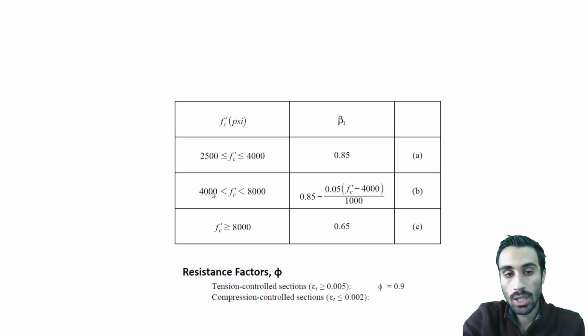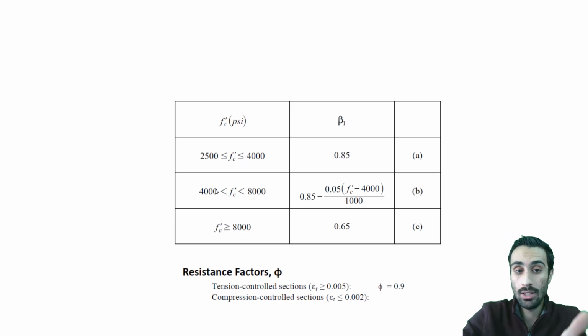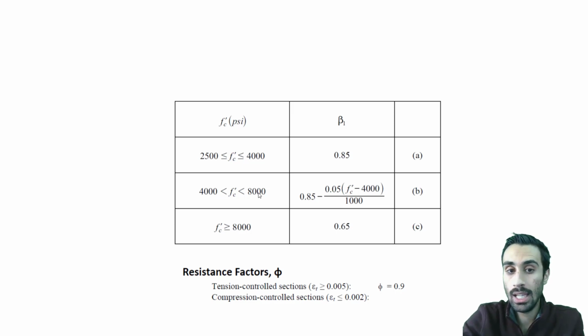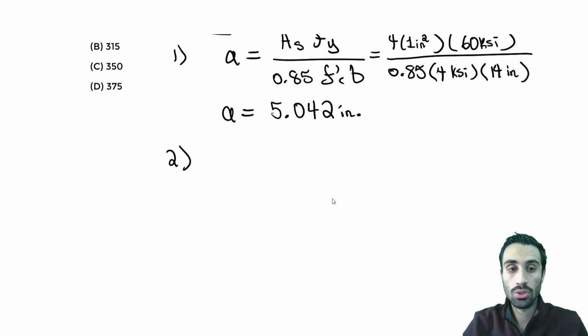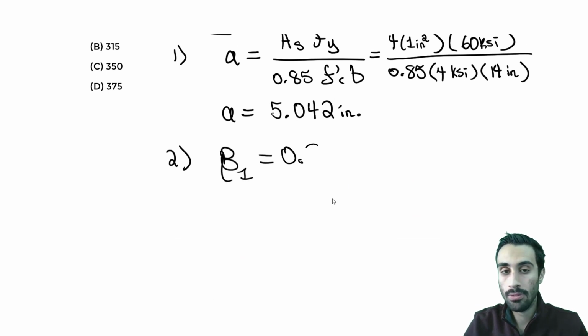This one's not equal to; it's between 4,000 and 8,000, without the equal dash at the bottom. And when F prime C is equal to 8,000 or bigger, you use 0.65. But in our case, there's an equal here. It's equal to 4,000 psi, so beta sub 1 is 0.85.